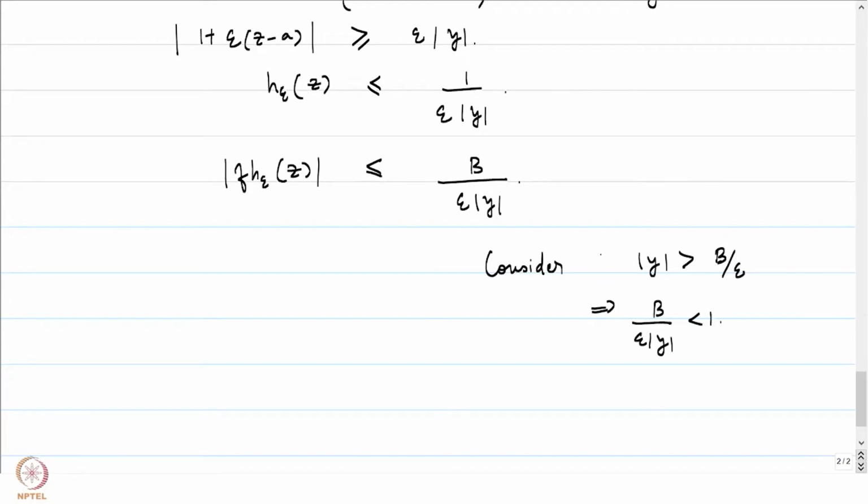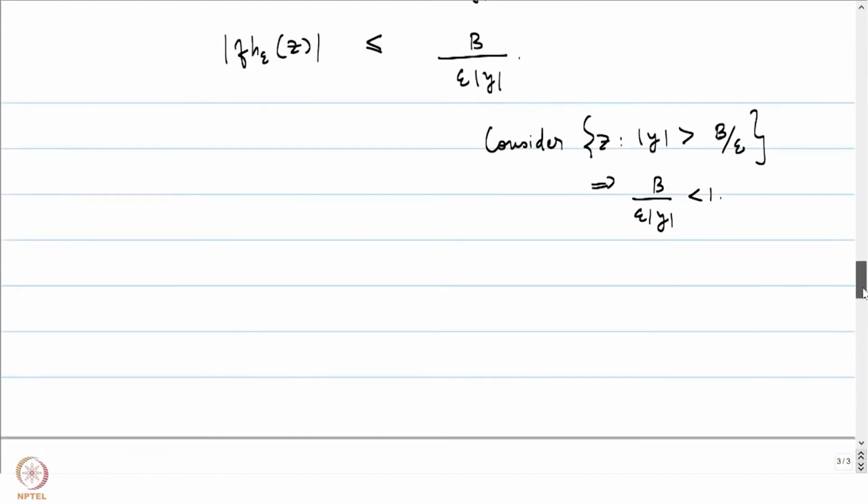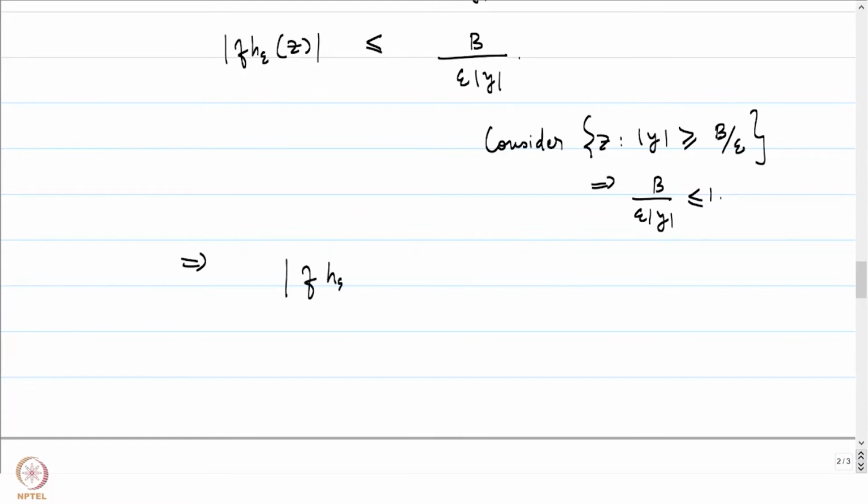So on this set of all z such that mod y is greater than or equal to b by epsilon, this is going to be less than or equal to 1, which tells us that the absolute value of f h epsilon of z is going to be less than or equal to 1 if the absolute value of the imaginary part of z is greater than or equal to b by epsilon.